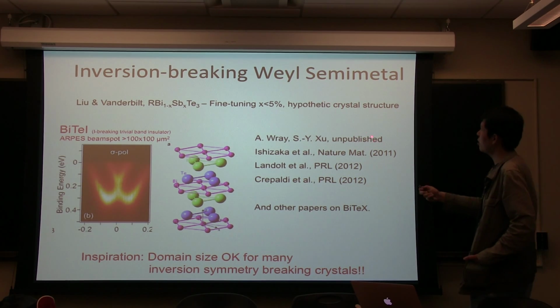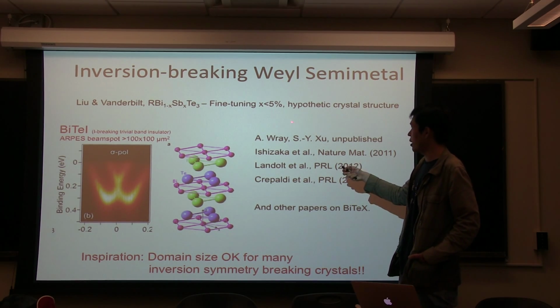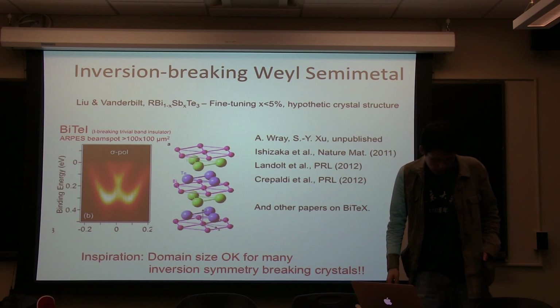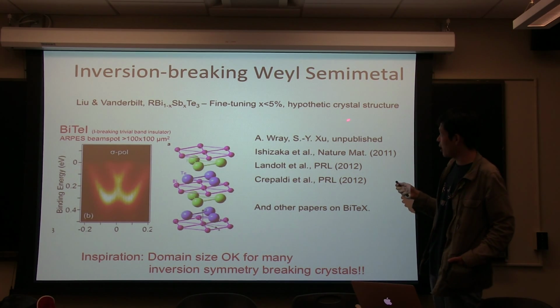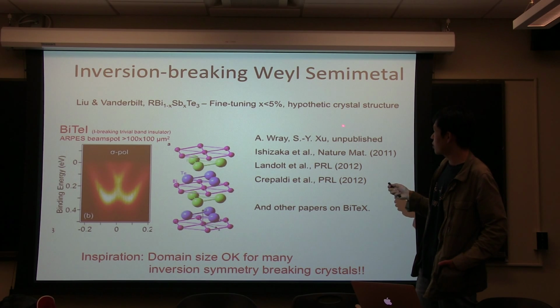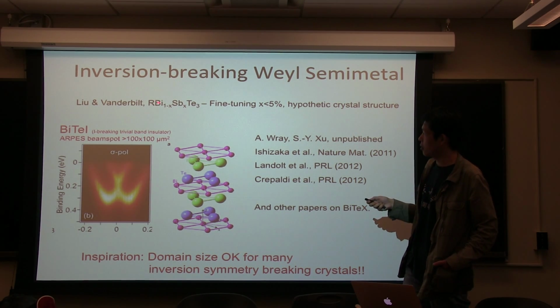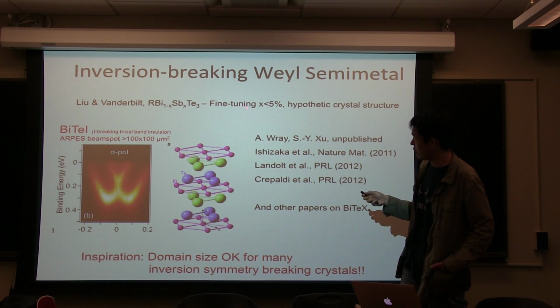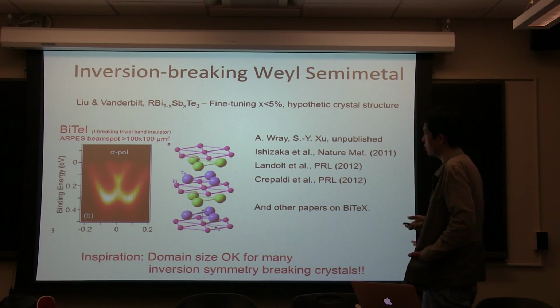But what we found out is that the crystal structure they're using is actually hypothetical, and our sample growers told us that in reality it's extremely hard to grow the crystals in that desired structure. That's one thing, and it also requires very fine tuning, only within 5%, a very small region, to have a Weyl semimetal state.